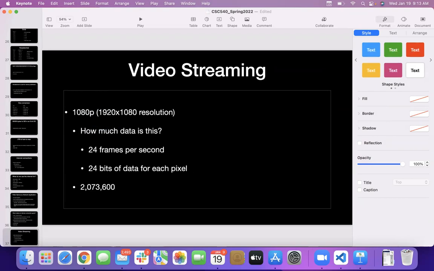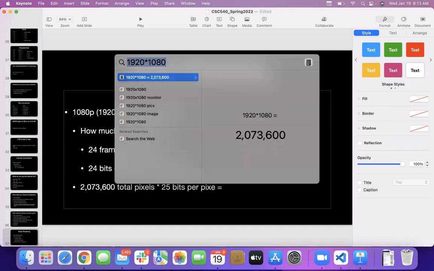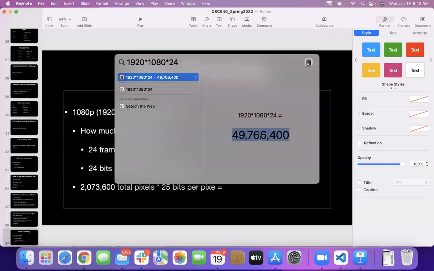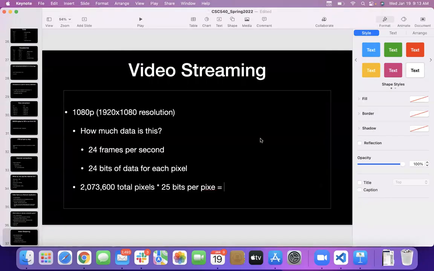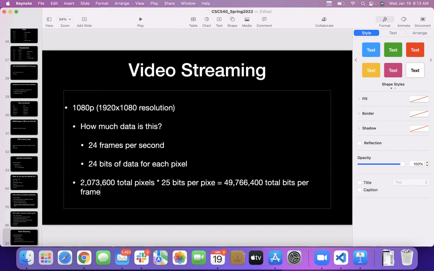Take this number, total pixels, times 24 bits per pixel, and that gets us the total bits per frame.